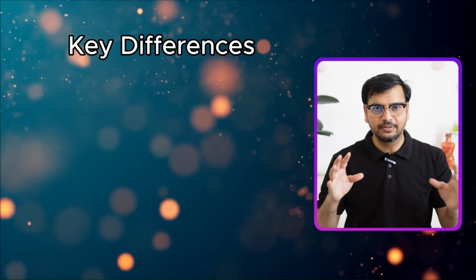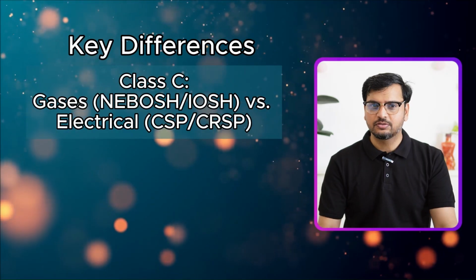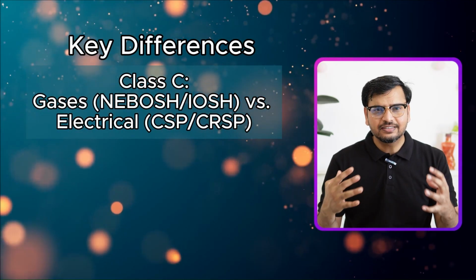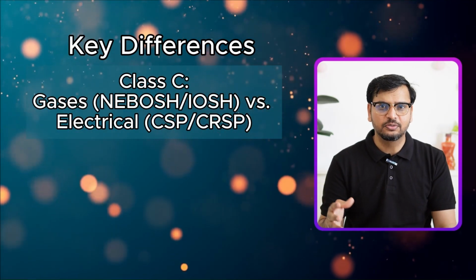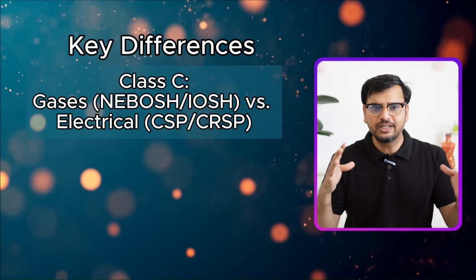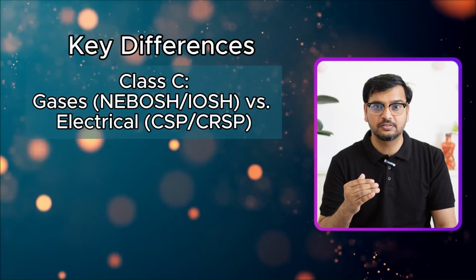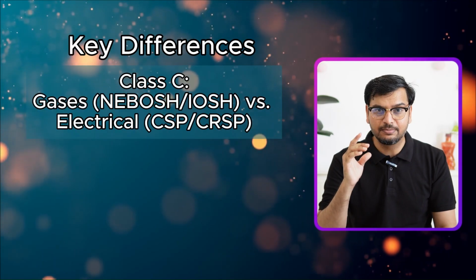After understanding these two types of classification, now let's understand some key differences which we should remember. Starting with Class C fires: in NEBOSH and IOSH, it refers to fires involving gases, whereas in CSP and CRSP, it's all about electrical mishaps.